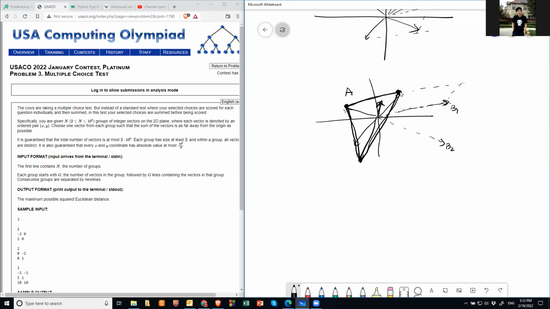For the first group, I have A1, A2, A3. A4 I don't need because it's not on the convex hull. Then for each of this and each of this, I form another set, the added set. Then I take that convex hull, then I add another one, then I add another one.